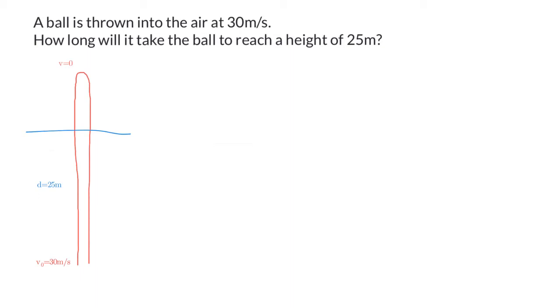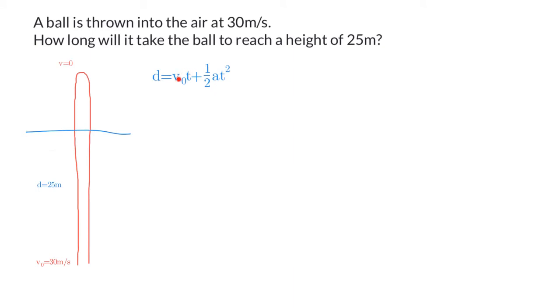So if we consider trying to figure out the time, hopefully you can recognize that we can use equation 4, where we do have the distance or displacement of 25 meters going this way.